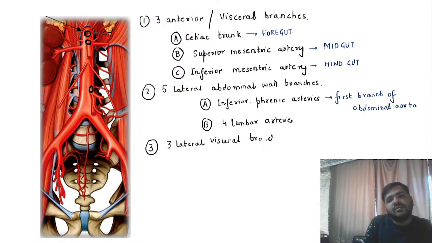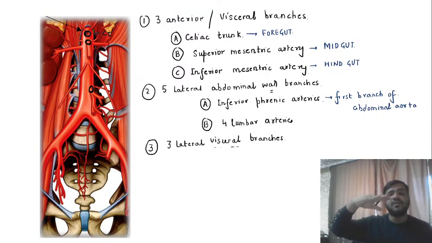When I say visceral, visceral means organs. The first one was supplying the diaphragm, and the diaphragm is not an organ of the abdomen, it is just forming the superior wall. And the lumbar arteries are at the back, forming the posterior abdominal wall. In the earlier lectures on the abdomen, I discussed that the diaphragm forms the superior wall, and the posterior abdominal wall is formed by the lumbar vertebrae along with the back muscles, the psoas major, psoas minor, quadratus, iliacus.